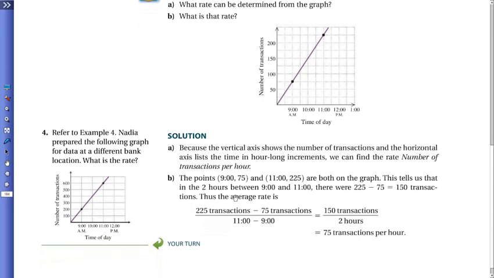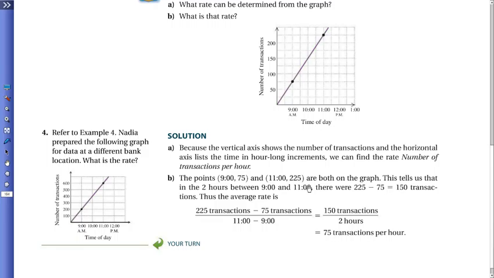Okay? And then I can look at these ordered pairs. Here, 50, 75, 100, would be 75 transactions happened at 9 a.m. Okay? That's an ordered pair on there. At 11 a.m., there were 225 transactions, and that's the other ordered pair there.